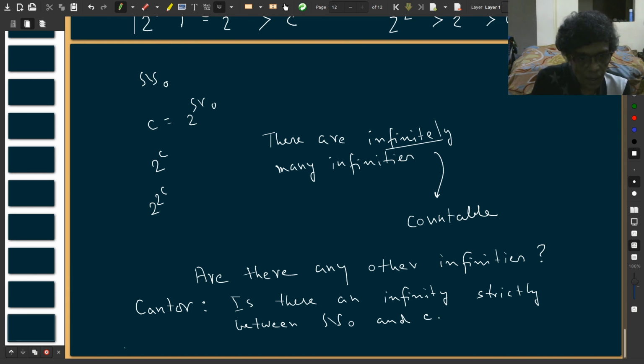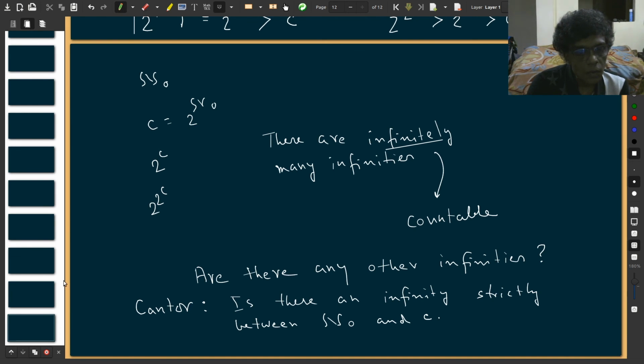Okay. And okay, maybe I just switch to another slide. So, does there exist an infinite set whose size is strictly between the set of real numbers and the set of natural numbers or rational numbers, whatever you call?